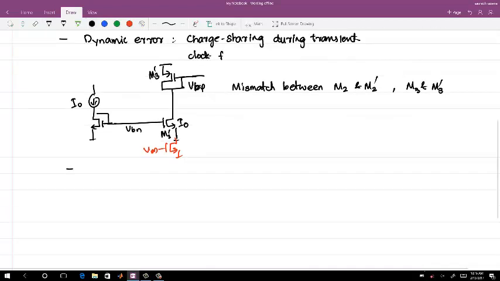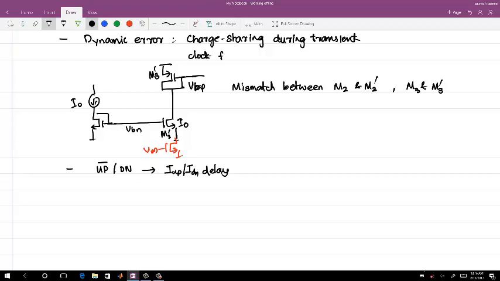So let me say up bar and down to I out delay, which is I up and I down delay. Okay. So those things can happen in the charge pump.